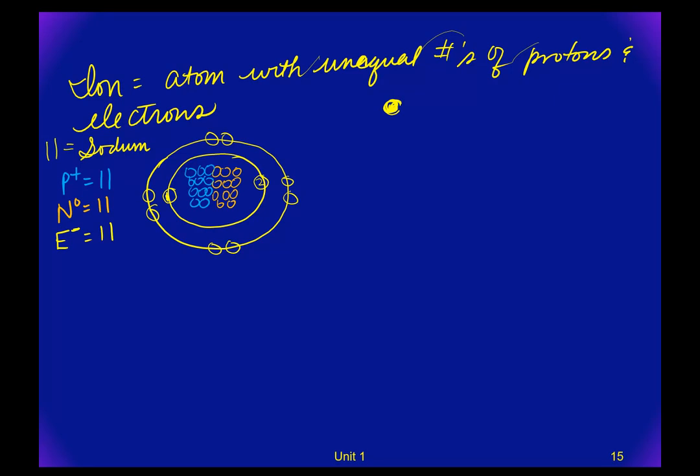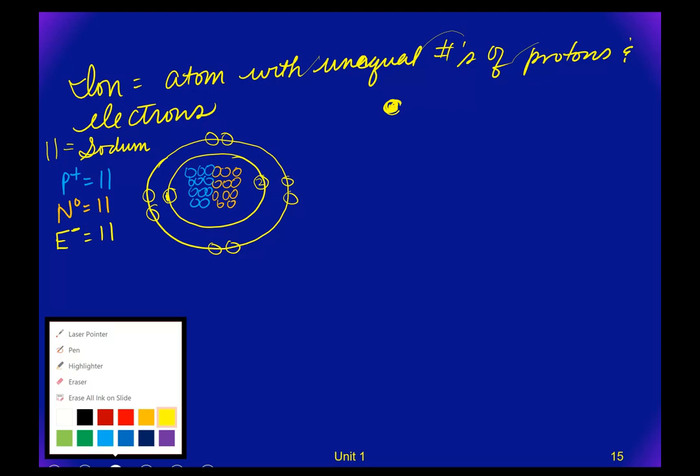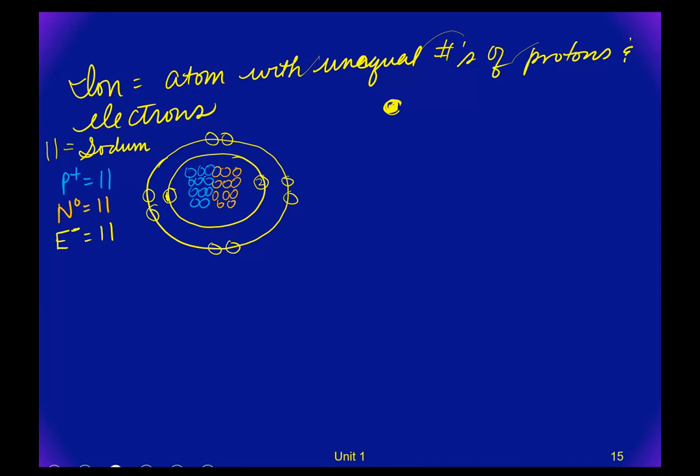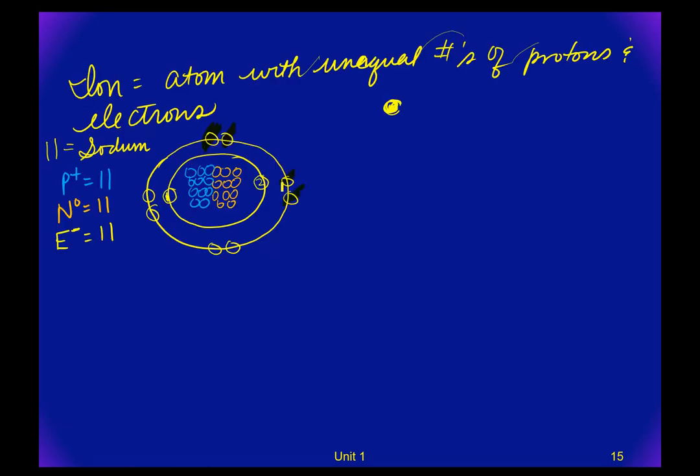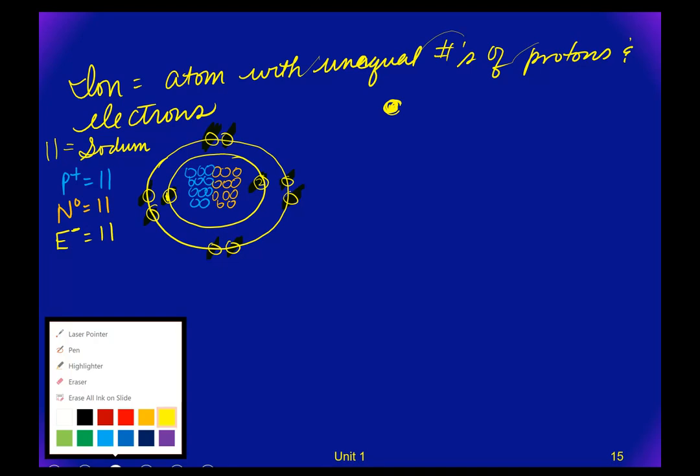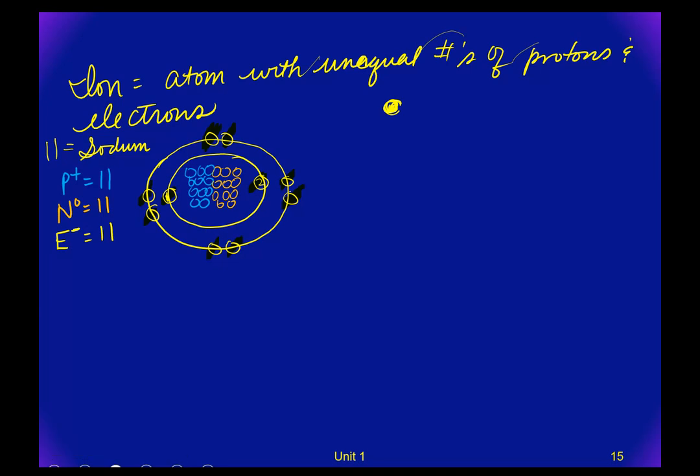Now, this is the interesting part. How many electrons do I have right now? 1, 2, 3, 4, 5, 6, 7, 8, 9, 10. Count them. There's 10, yes? So I have 10 electrons.